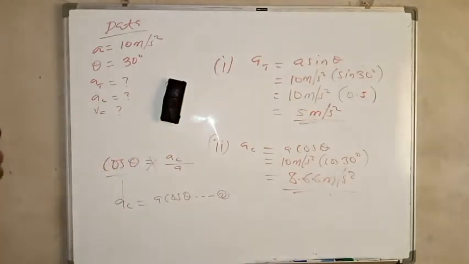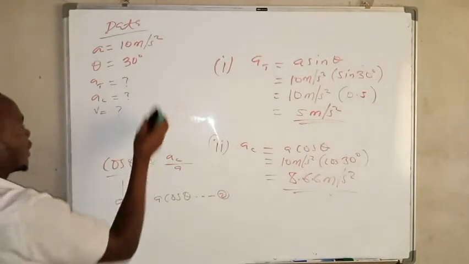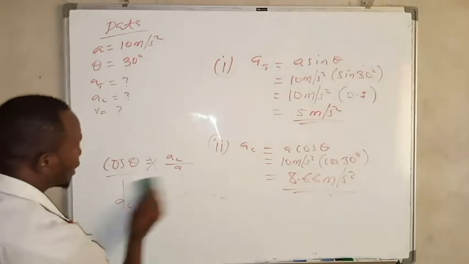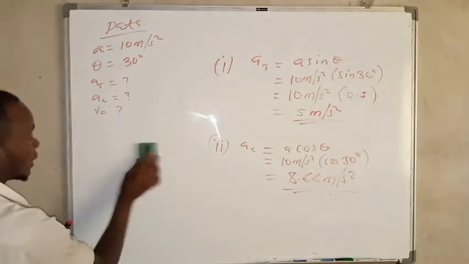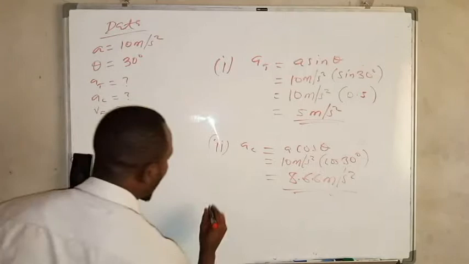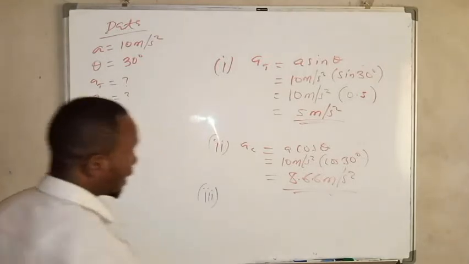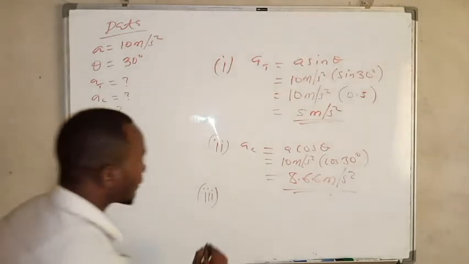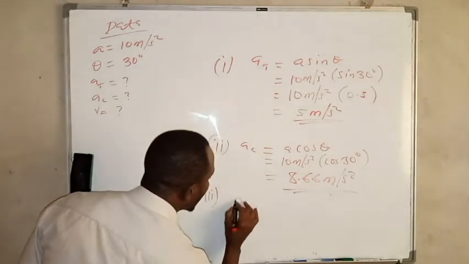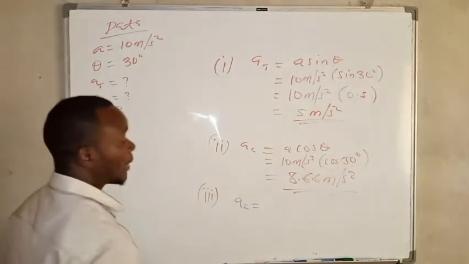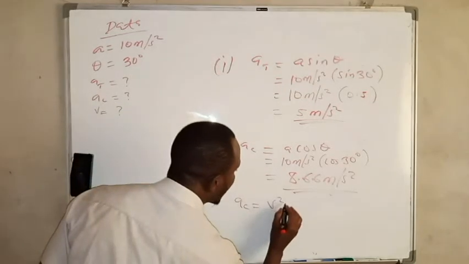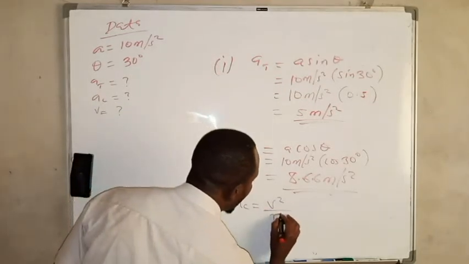From here, we're going to find the velocity, or the speed of the particle. This is the third one. We know that the centripetal acceleration A_C is given by the velocity squared over r.